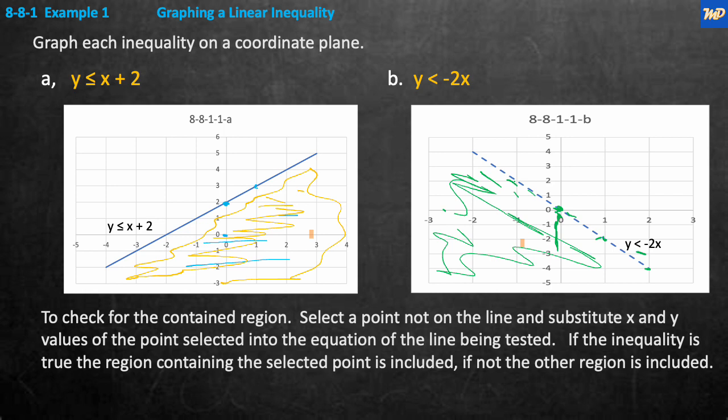Just like over on the other side, anything below the line over here, but including the line. On this one, we include the line, all the way up to and including the line is part of the solution. Okay?